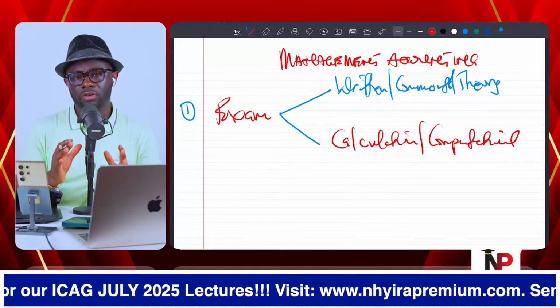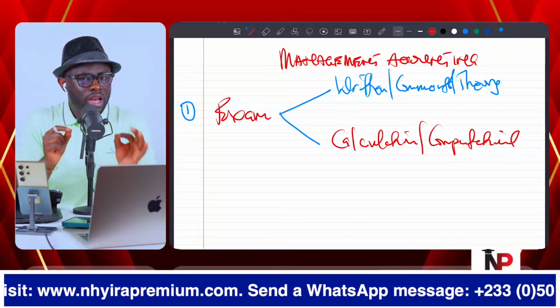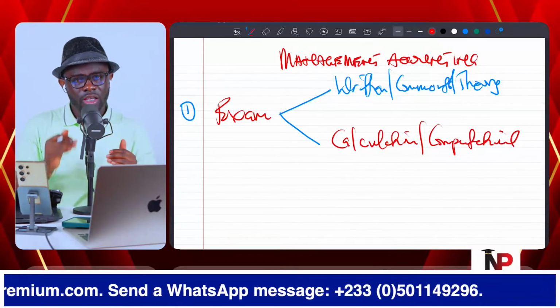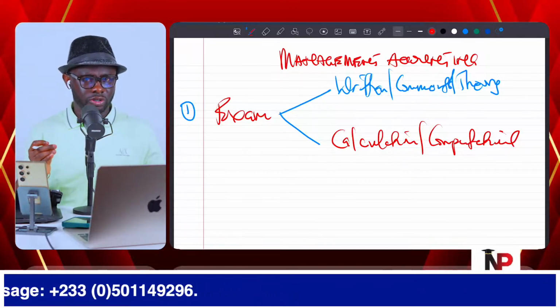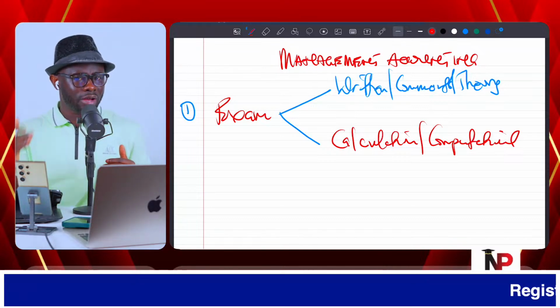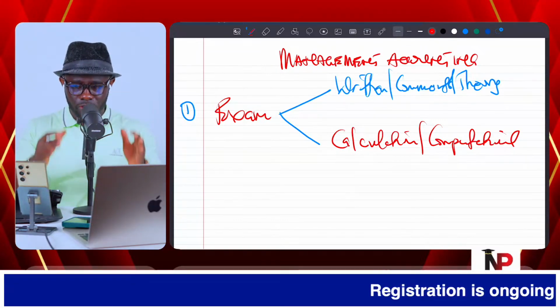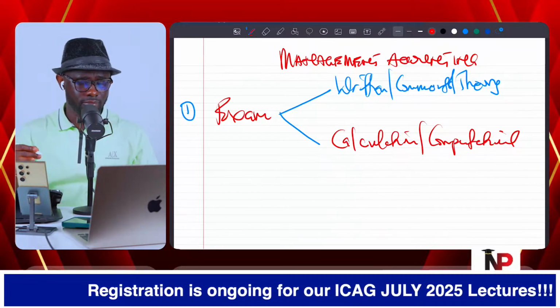Why is this important? This is important because it sets you up to understand that when you are learning management accounting, it's not just about the calculations. It's not just about punching. It's not just about solving questions, but equally about reading and learning to write out your answers.